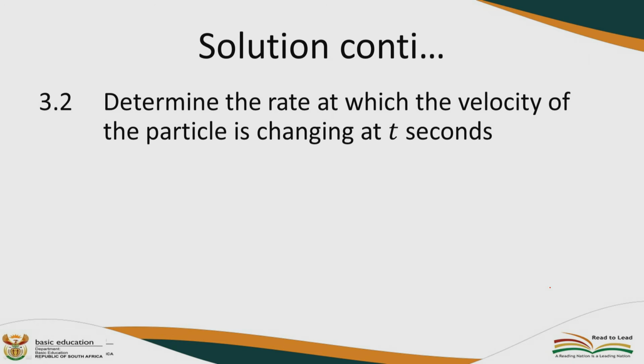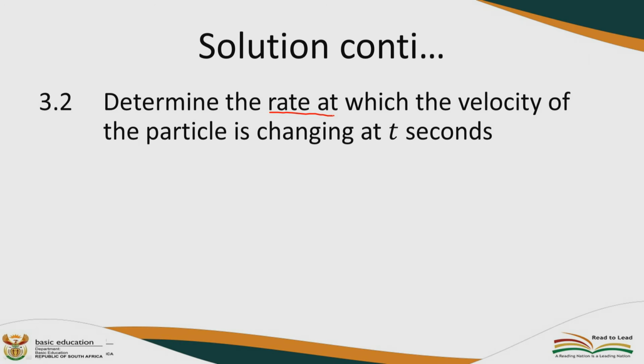Now for the next question, they want us to determine the rate at which the velocity of the particle is changing at t seconds. Earlier on I said, because they are talking about the rate at which velocity is changing, this is a question on acceleration. They want us to determine the acceleration of this particle.